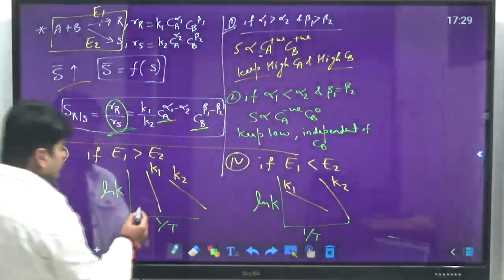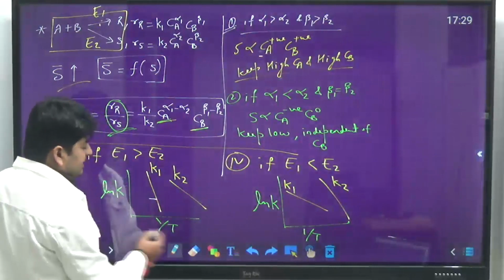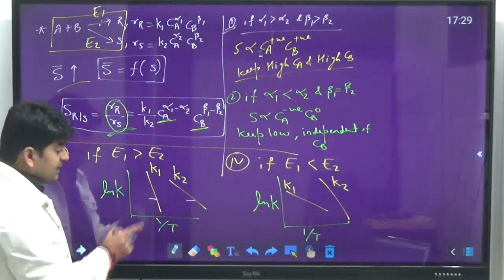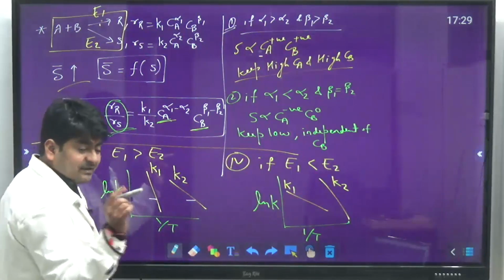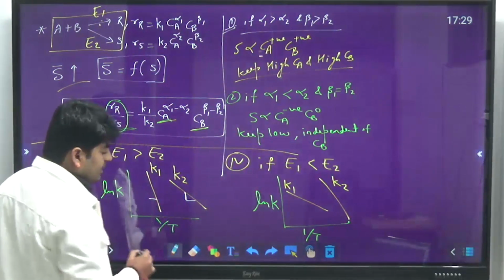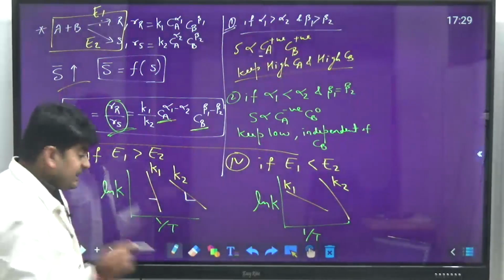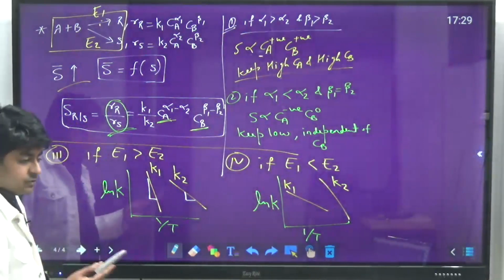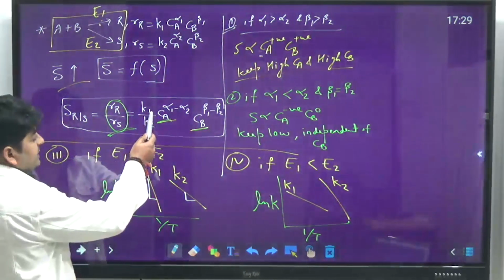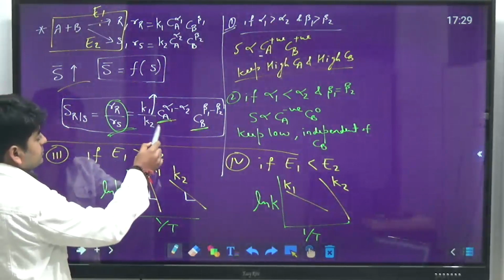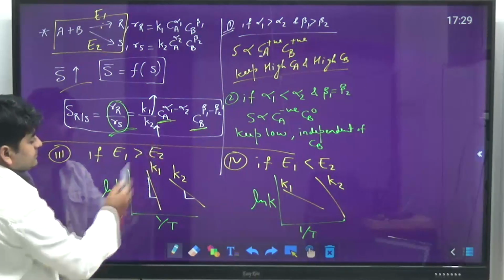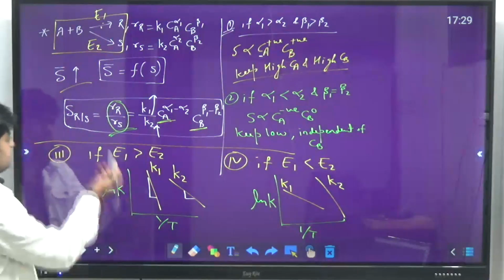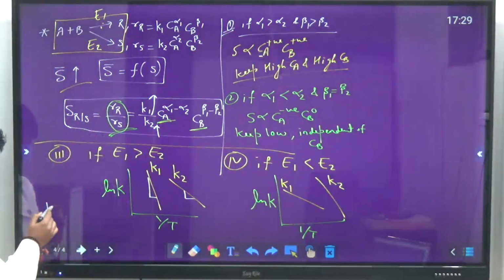If the temperature rise is this much, same for both the steps, then the percentage increase in K2 will be this much, and the percentage increase in K1 will be more. So K1 will increase more as compared to K2, so the selectivity will increase.